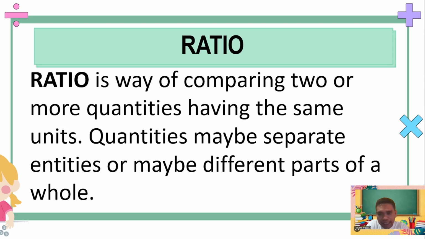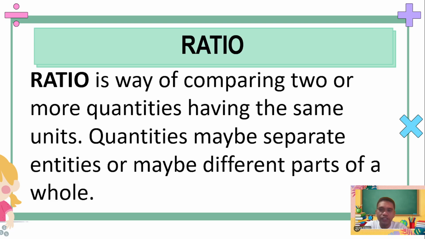In math, naa sa day kanang gamito na to pag-compare. Gitawag na siya og ratio. But in ratio, we are not comparing the physical appearance or the attributes of a person, an animal or things, but we are comparing the quantities.